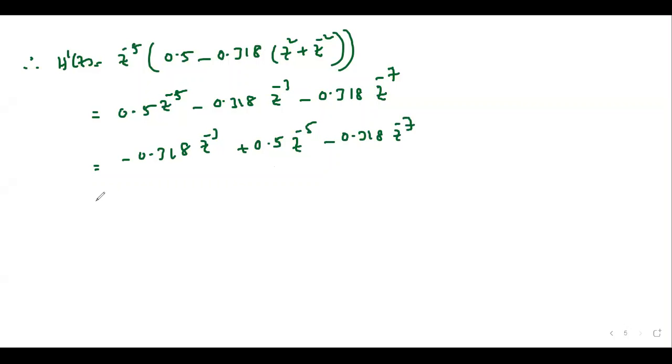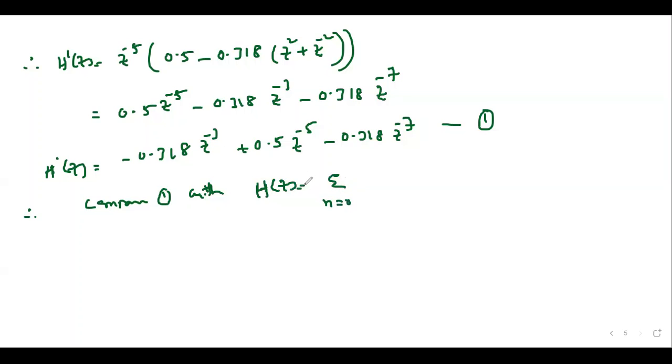Right. Now, from this, say this is equation 1, when you compare it with the general formula, h of z is equal to summation n is equal to 0 to n minus 1 of h of n into z power minus n.